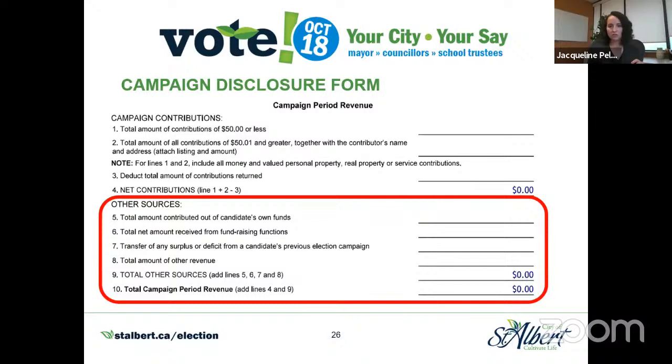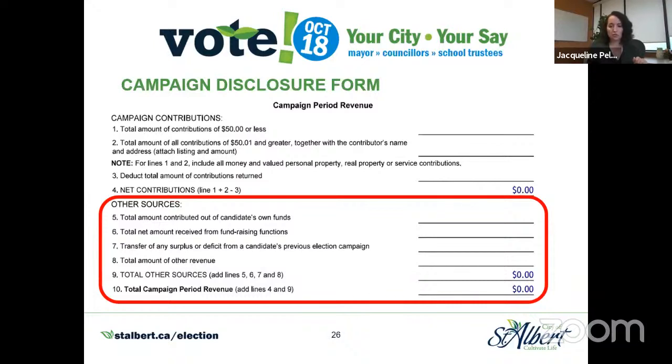All right, so now moving on to other sources. So other sources is where you would record any amounts which were self-funded, so that's line 5. Total net amounts from any fundraising events that you had if you did go the route of having fundraising events, transfers of surpluses or deficits from previous campaigns if you did have a previous campaign in 2017, and then any other revenue sources which were not listed above.